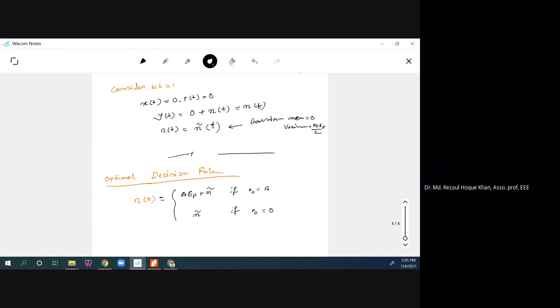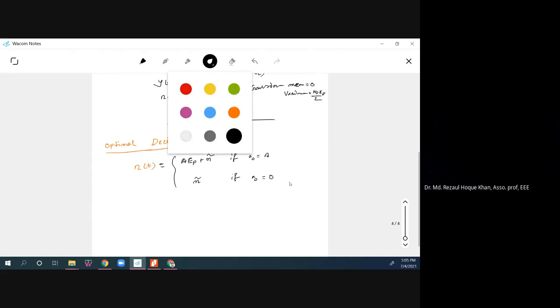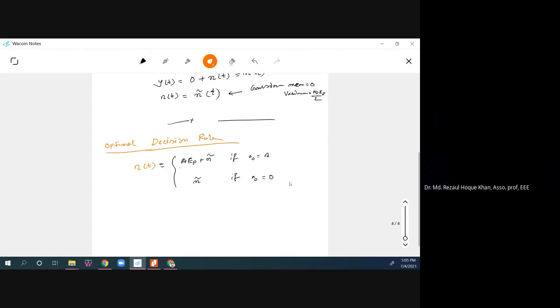Now here a few things happen. This is a Gaussian with mean: the mean of the noise is 0, plus this value, so it now becomes the new mean. It is a Gaussian with mean AEP.